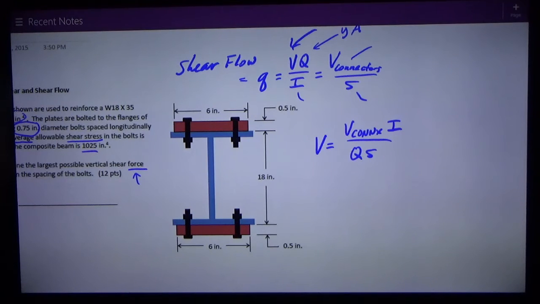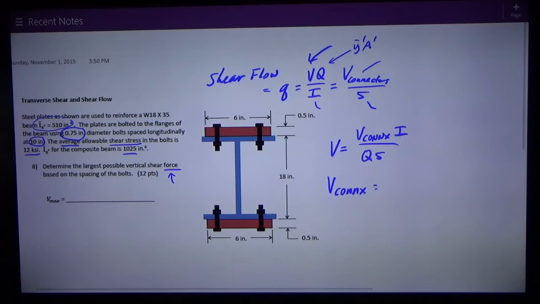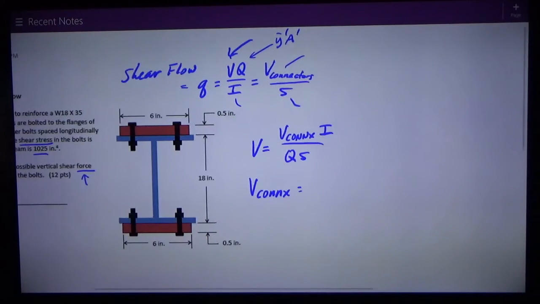Well, I don't know what the V connection is. I need to look at the number of fasteners, which there are 2, top and bottom, at a spacing of 10 inches. So I need to see what V connection is. Okay, that says that each bolt has an allowable shear stress of 12 ksi.